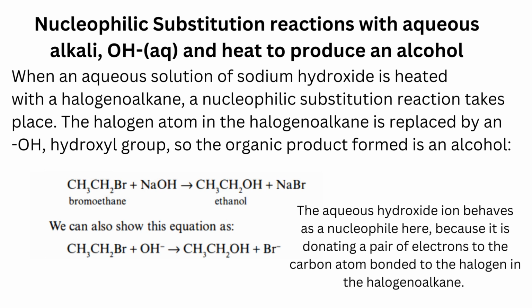As you can see here in the equation, bromoethane and NaOH give you ethanol and NaBr. The aqueous hydroxide ion behaves as a nucleophile here because it is donating a pair of electrons to the carbon atom bonded to the halogen in the halogenoalkane.